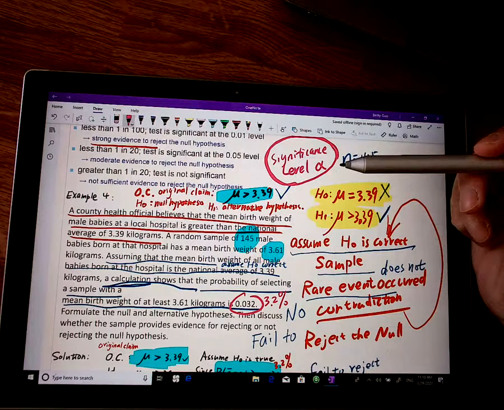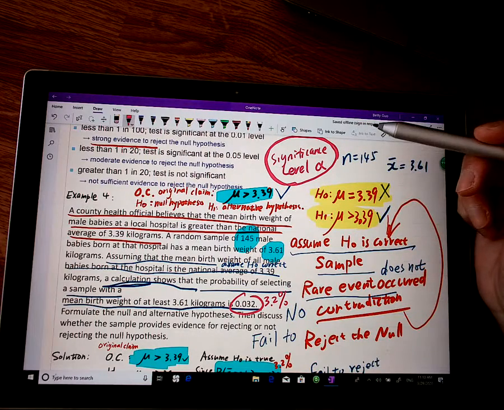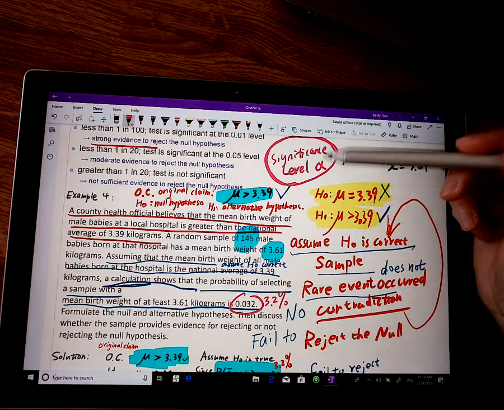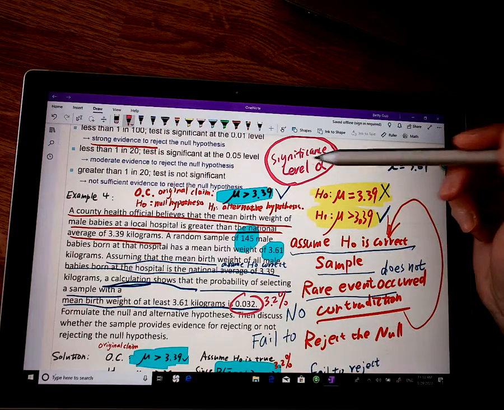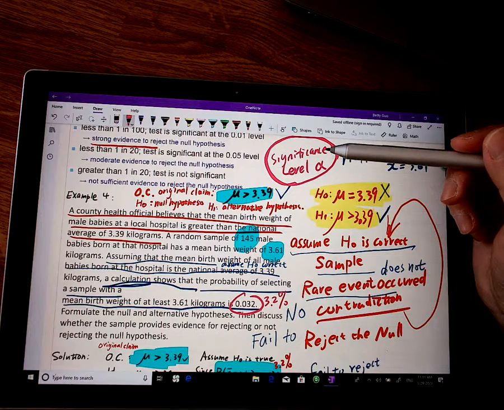So if we say alpha equals 1%, how about that? If the significance level alpha is 1%, it means if the probability of the event is equal or less than 1%, that is statistically significant. That is rare. Remember rare, R-A-R-E.